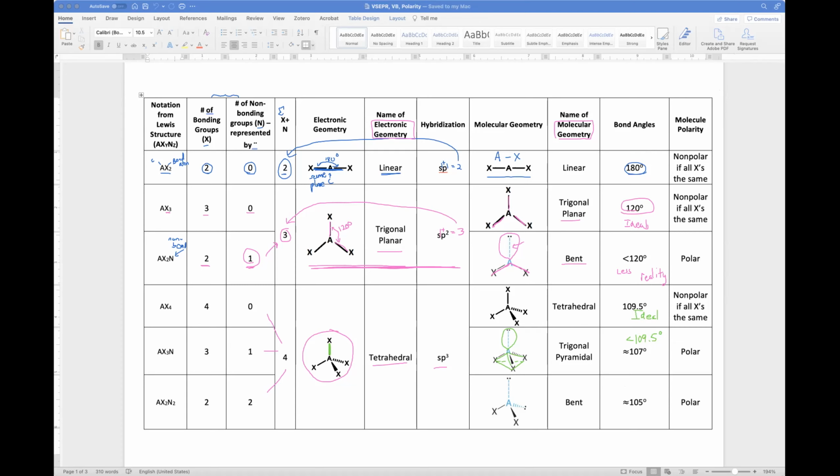When you have two bonding groups, you have the replacement of two of those bonds with lone pairs. And this structure is called bent or V-shaped because that's all that's left of the bonding groups.